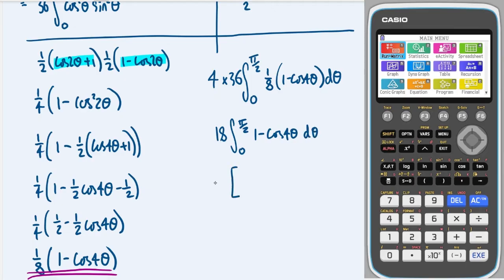I will then integrate. 1 integrates to theta, and cos 4 theta will be 1/4 sine 4 theta.